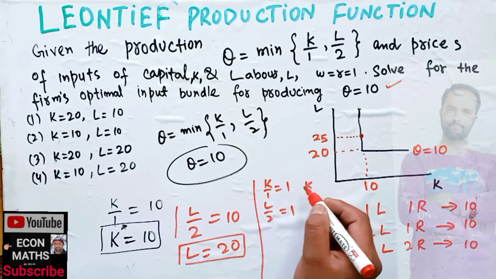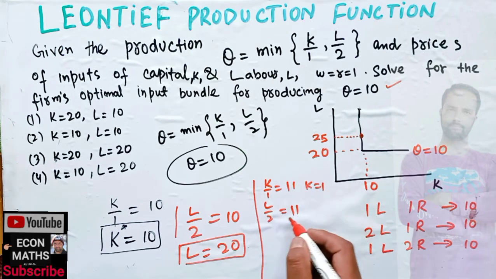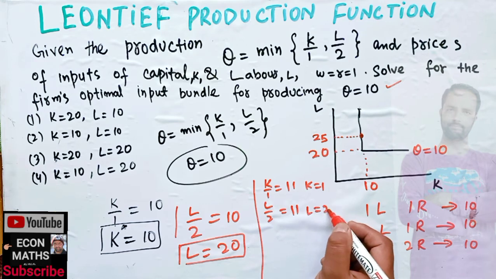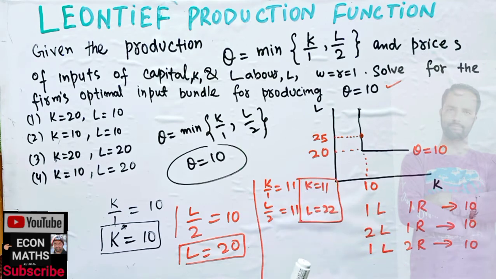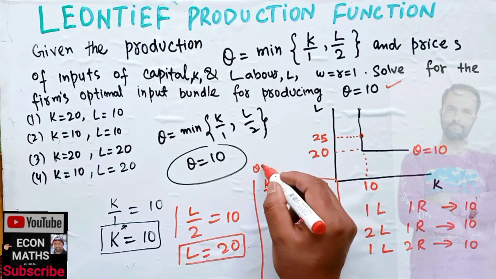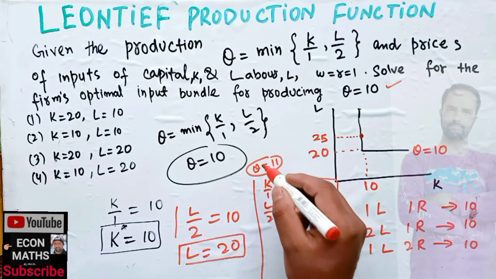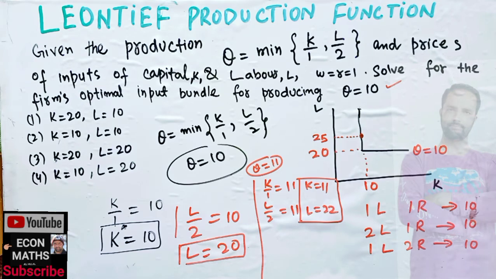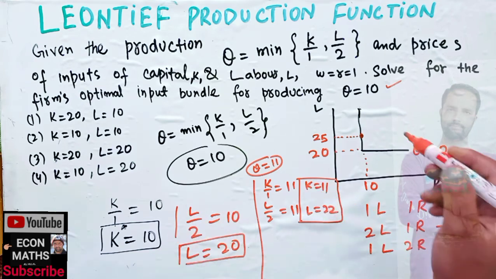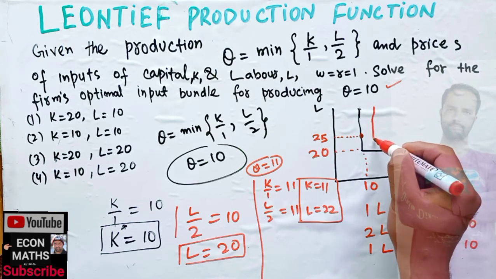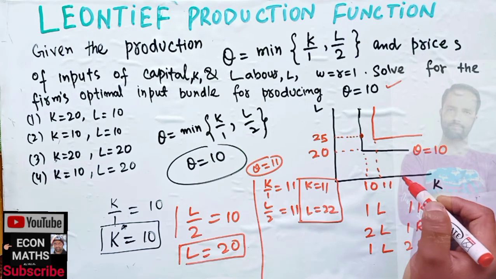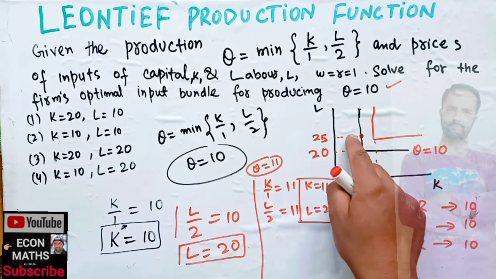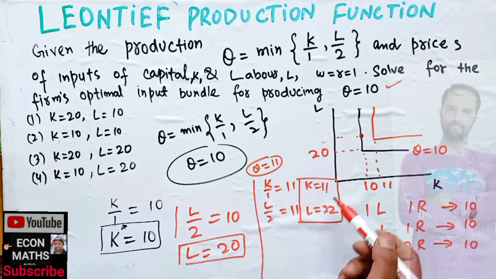So K is equal to 11 and L is equal to 22. So to produce 11 units of output, we increase capital and labor in the same proportion. That means we will be on another isoquant like this. Here we have K is equal to 11 and L is equal to 22.